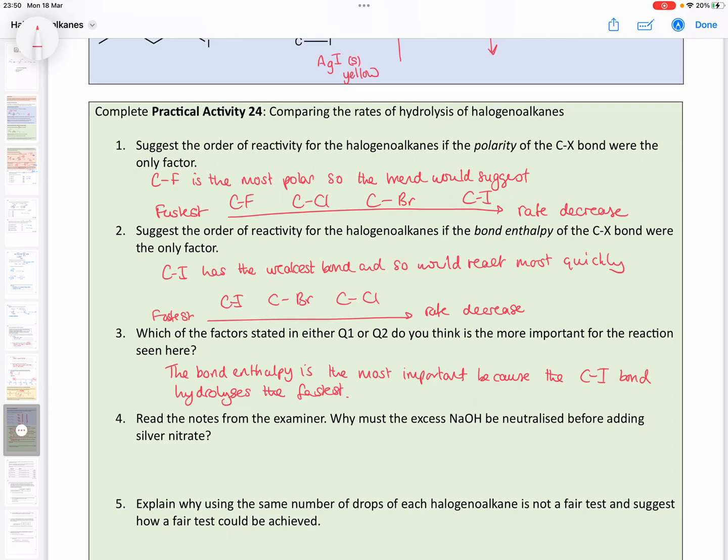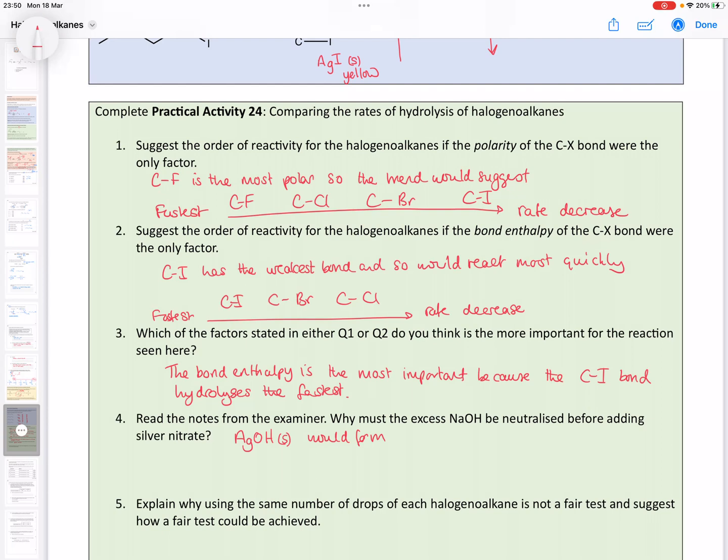Silver ions form another precipitate, silver hydroxide, and that precipitate would prevent us from seeing the formation of the desired precipitates, silver iodide, silver bromide and silver chloride.